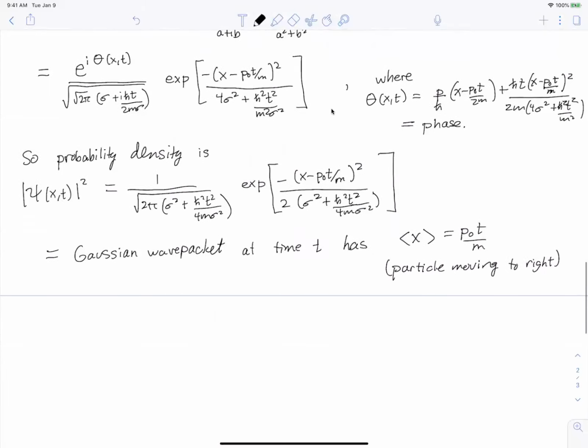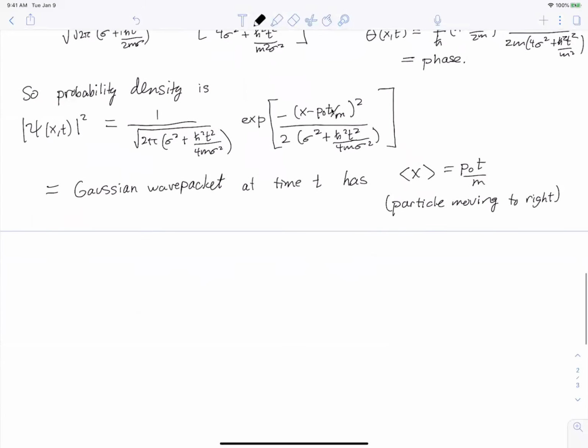Okay, and furthermore, because this thing is just exactly what we had before, except with sigma squared now replaced by this more complicated sigma squared plus h bar squared t squared over 4m sigma squared, we can just plug in what we had before to find out the uncertainty in x.